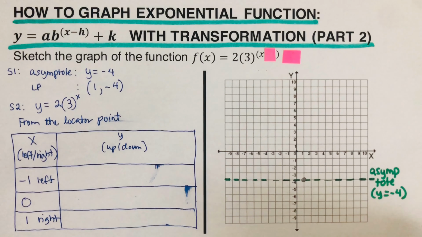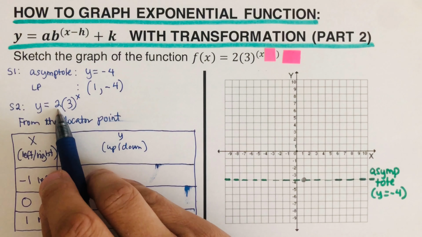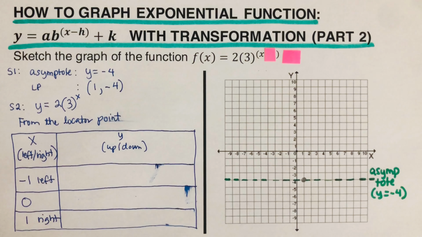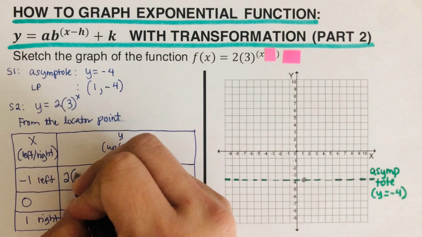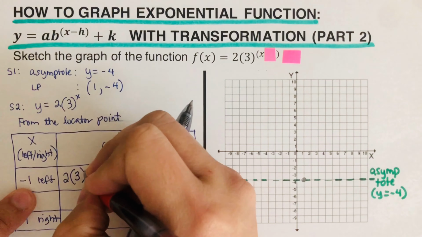Our next task is to determine what to write on these boxes right here. So again, our equation is 2 parentheses 3 raised to the power x, and these are the x's that we put in there so we can solve for y. So in this problem right here, I can go ahead and write 2, and then that's 3 raised to the power. The exponent x is -1.